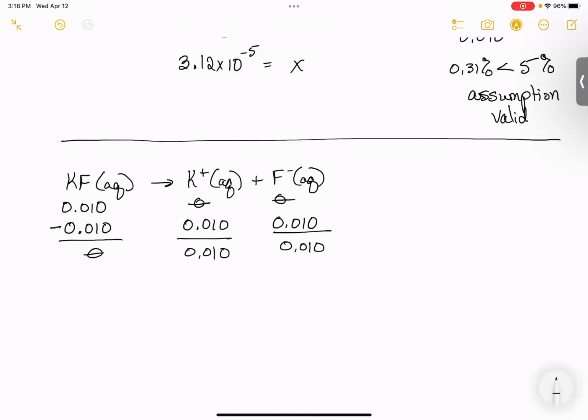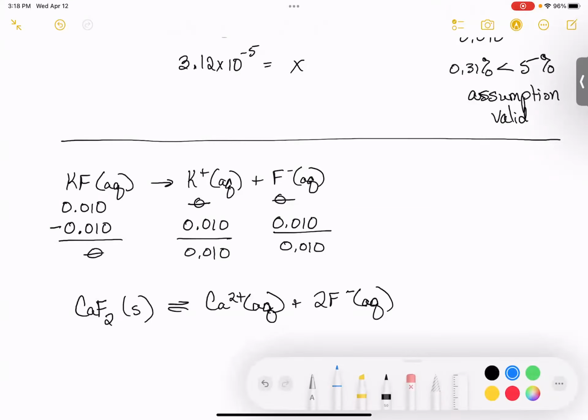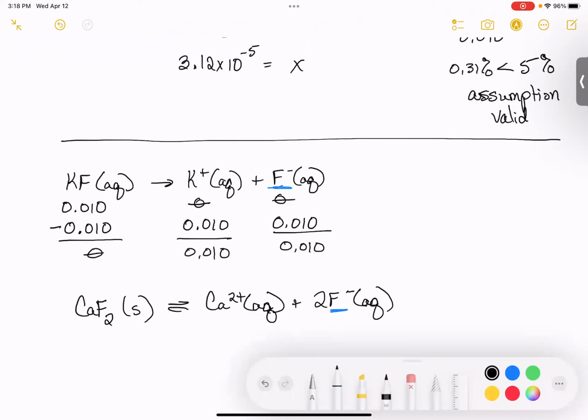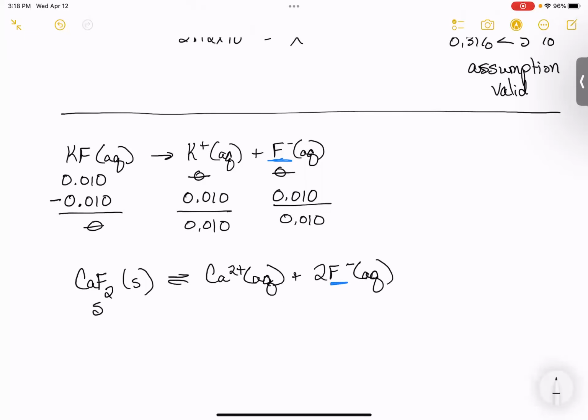Now, again, we were looking at the impact that has on our calcium fluoride dissociation. Calcium fluoride is still an insoluble salt. It is going to set up an equilibrium with its calcium ions and 2 fluoride ions. In this particular case, you have fluoride in common. So you do start out with solid calcium fluoride.